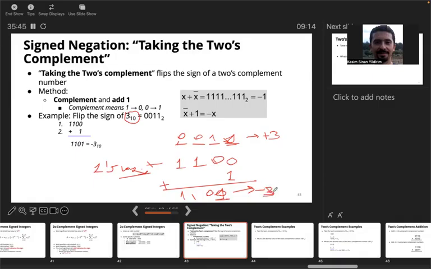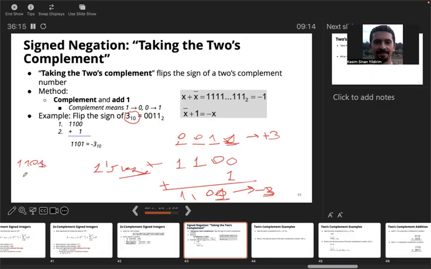So it looks like if I take a number in 2's complement form and take the 2's complement of that number, I flip the sign of the number, right? For example, if I take the 2's complement of minus 3, you can do the opposite conversion. Now 1, 1, 0, 1 is minus 3.